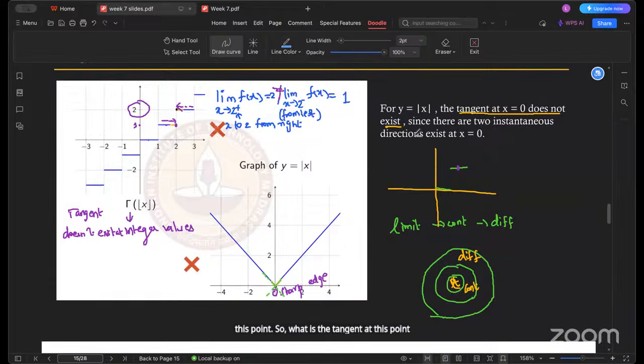The tangent at this point is simply this line. So here it is 1, right? So this is the tangent at this point. In fact, for all x within the open interval (1, 2), y equal to 1 is the tangent.